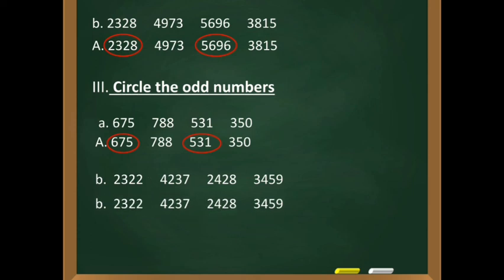And 4237 is an odd number because it is having 7 in ones place, so circle it. And 2428, it is an even number. 3459, it is an odd number, so circle it.